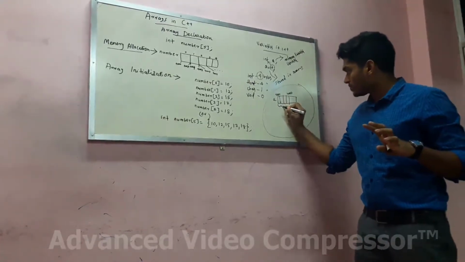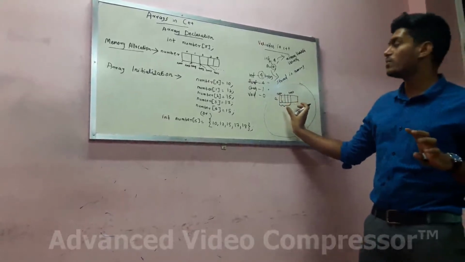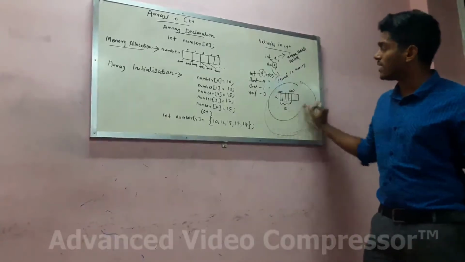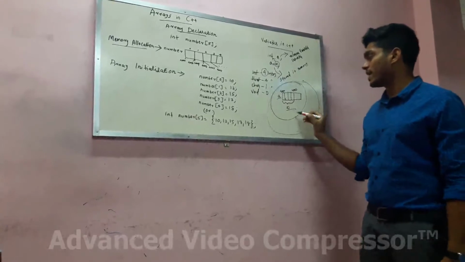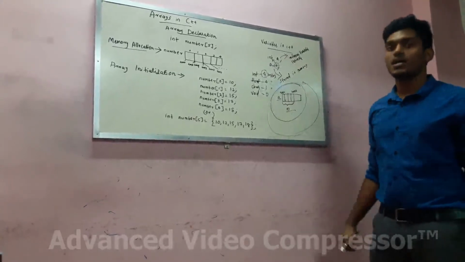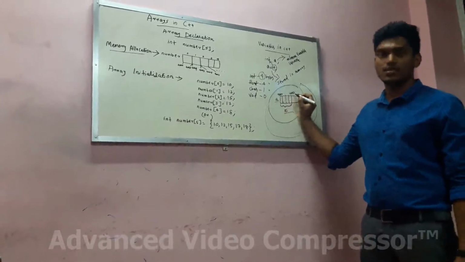Overall, these 4 bytes of memory can be used to store the data. So inside memory, this is a variable and this is the data, and this data takes 4 bytes of memory because it is of type integer. So the first 4 bytes, 4000 to 4003.